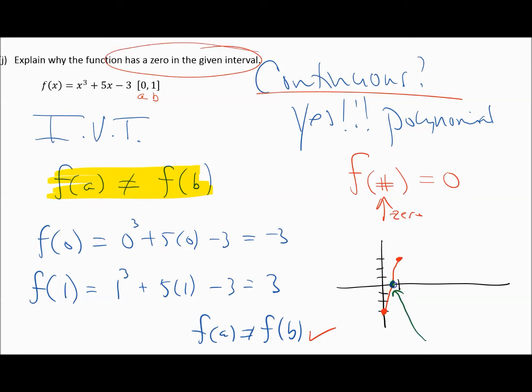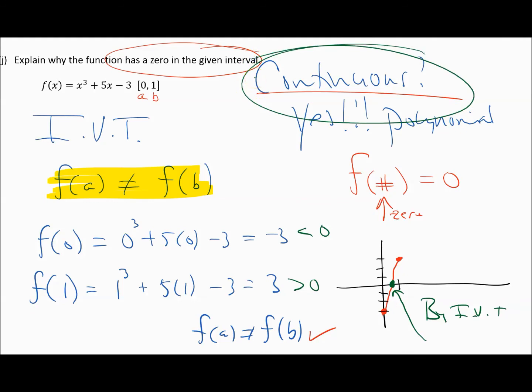I'm not saying it's right here, but I know there's a 0 between 0 and 1 by the intermediate value theorem. Since f of 0 was less than 0 and f of 1 was greater than 0, as long as one's negative and one's positive and you have a continuous function, it has to cross the x-axis. It has to have a 0. Hopefully that makes sense, and I hope you have a great day.